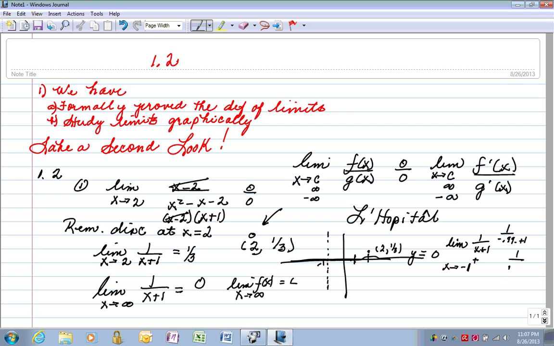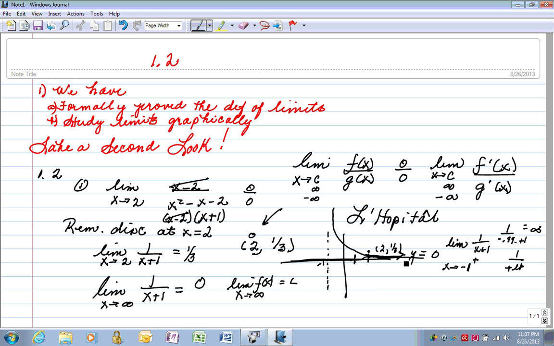So we'll have 1 over a positive little bit, so this limit is infinity. So this graph is going to come down here, and it's going to flatten out to y equals 0 as we go here. Now, it may go up and down y equals 0, but it's going to flatten out there.